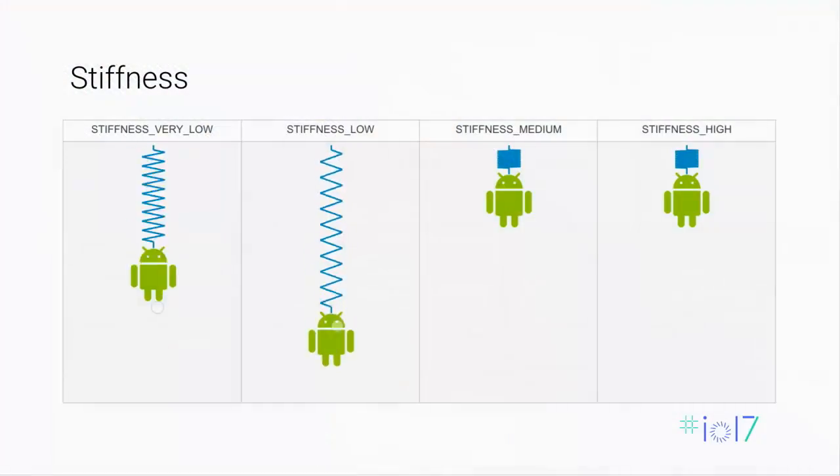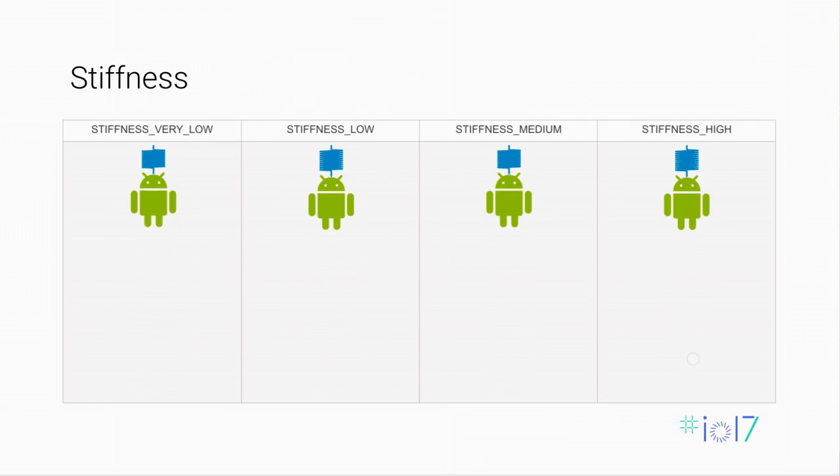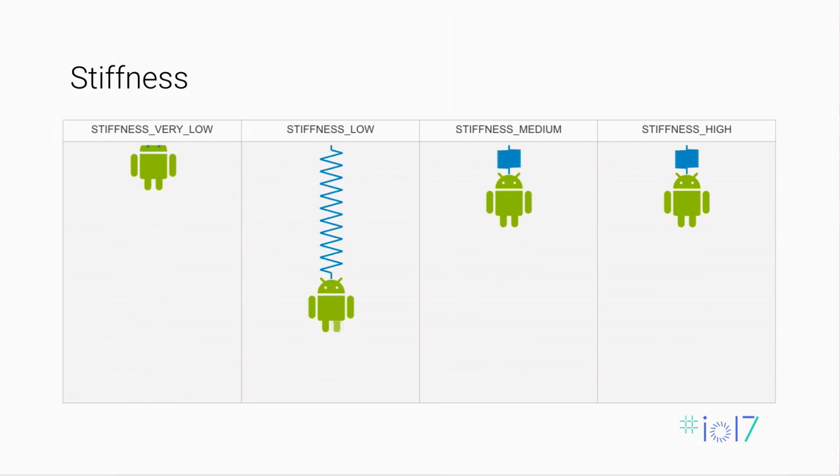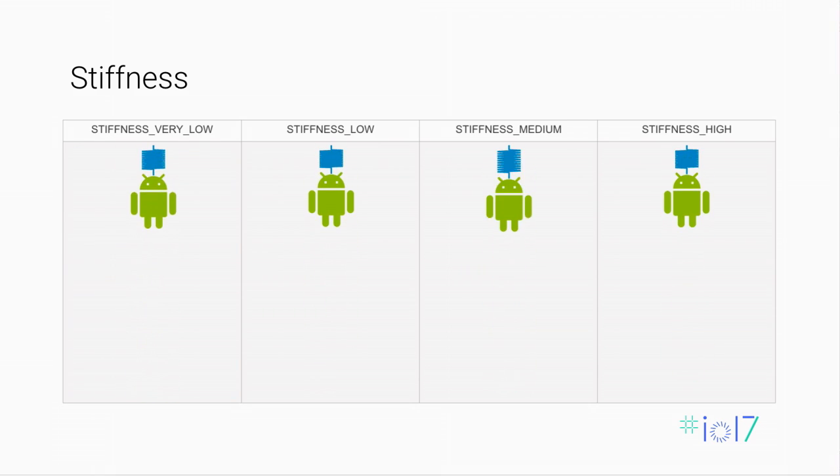So let's take a look at the stiffness from low to high. Here, if you look on the very left, when the stiffness is very low, the spring compresses rather slowly after it's stretched out of its resting position. And when the stiffness gets higher towards the right, it bounces back up much faster.